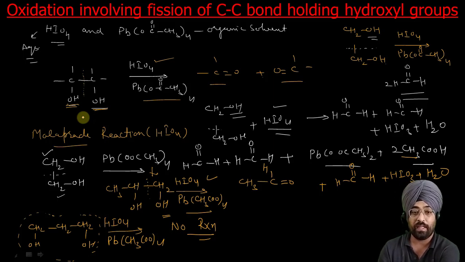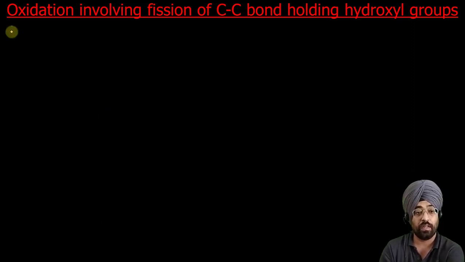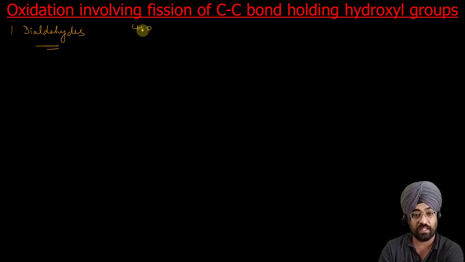This is a particular reaction for polyhydroxy compounds in which the OH groups are present on adjacent carbons. Now, instead of these polyhydroxy compounds, there are some other compounds that undergo this type of reaction. Dialdehydes also undergo such reactions. Suppose we have OHC-CHO, a dialdehyde, with the groups at adjacent positions. The conditions remain the same, HIO4 or lead tetraacetate.